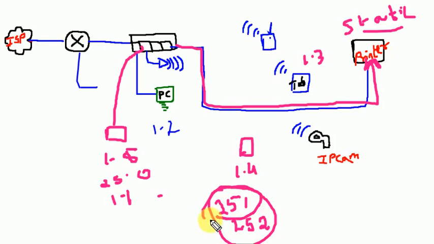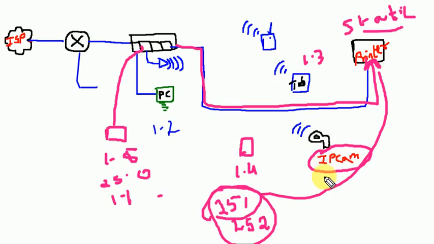So I gave 251 to my printer. IP cams also need a fixed IP address, so I gave 252 to my IP cam.